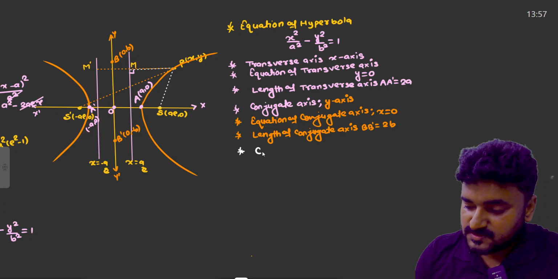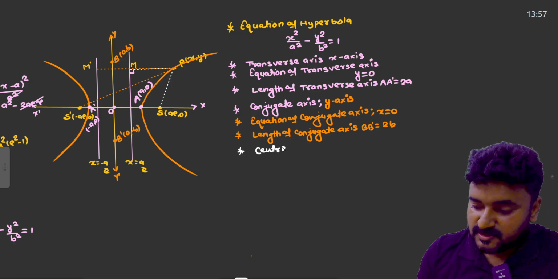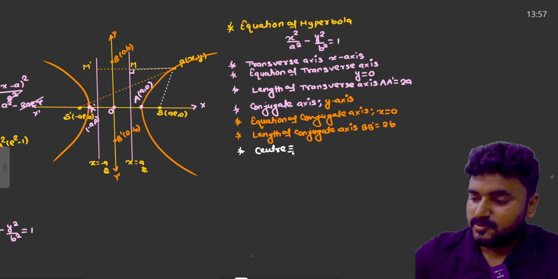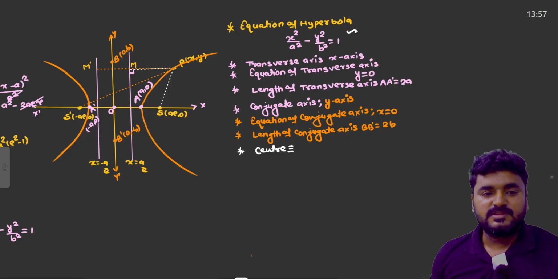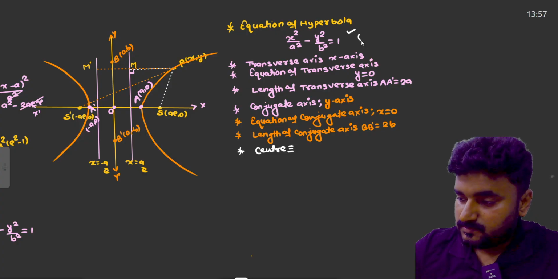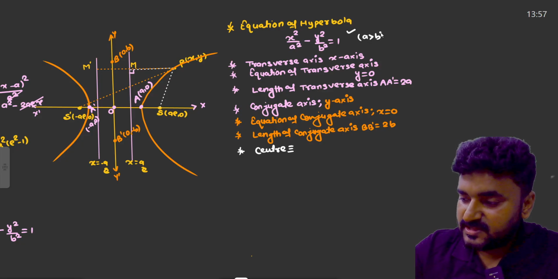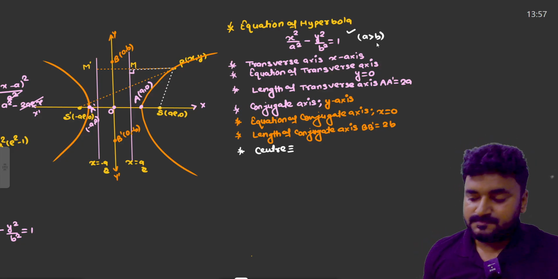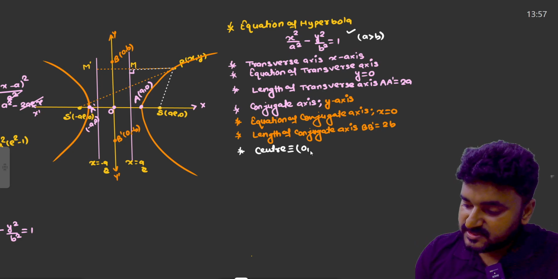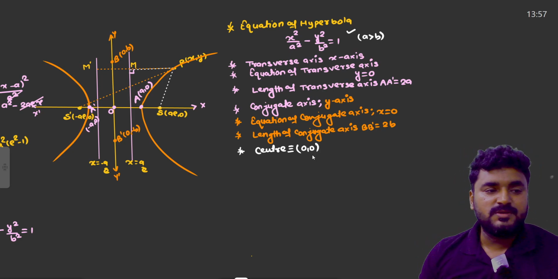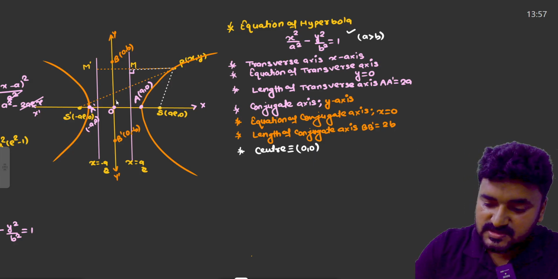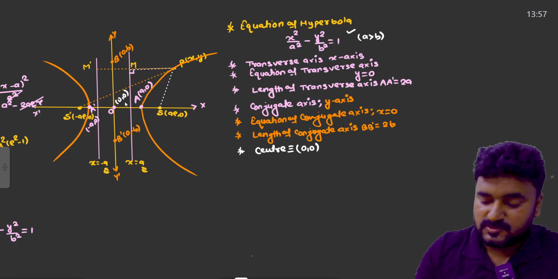And before focus, first I will write the center. So the center of this hyperbola x square by a square minus y square by b square. Here I should write a greater than b. Okay? So I will take my center as 0 comma 0.